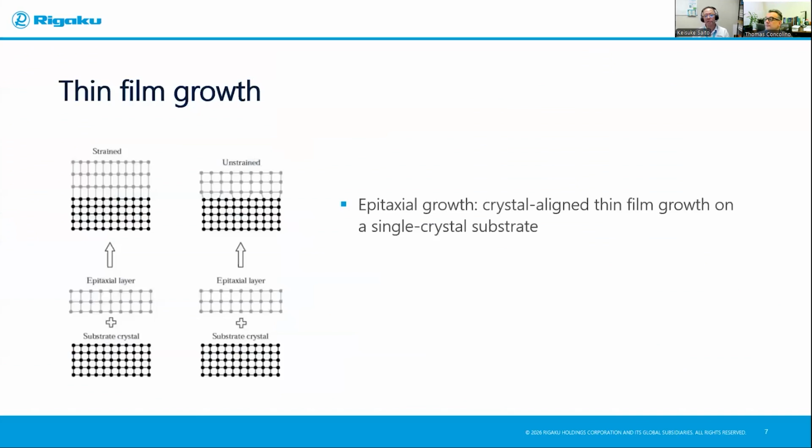Let me discuss how preferred orientations could be introduced to your thin film. If your film is an epitaxially grown thin film, deposited on top of a single crystal substrate, your layer grows on the substrate with the succeeding crystal structure from the substrate.